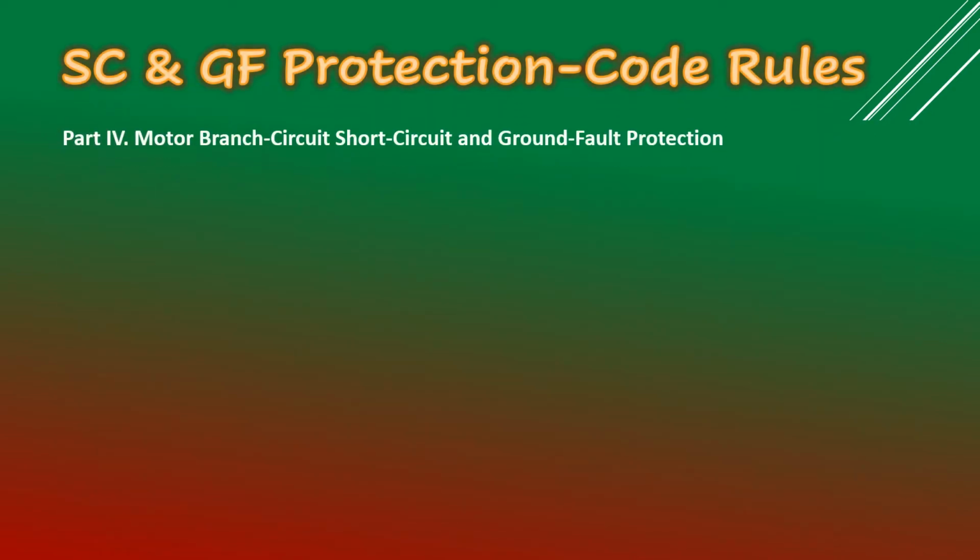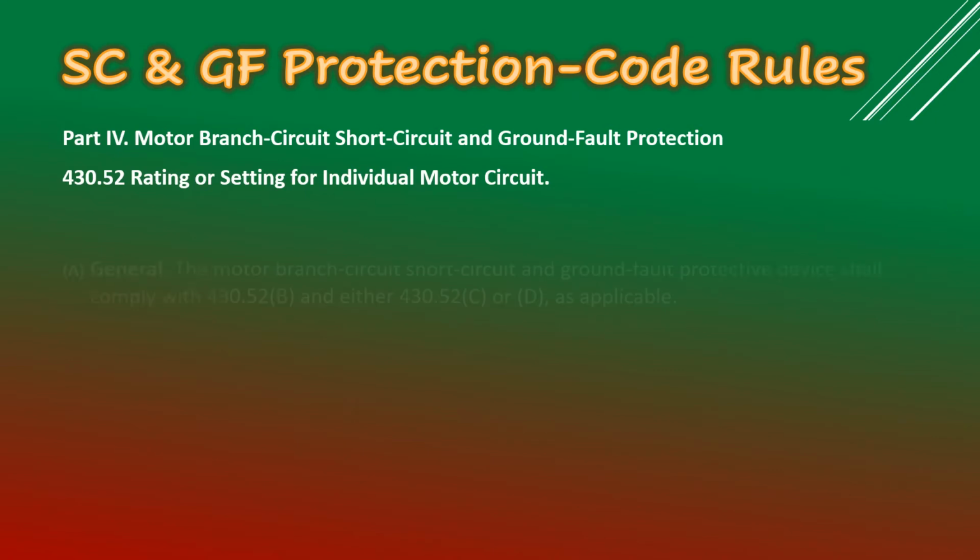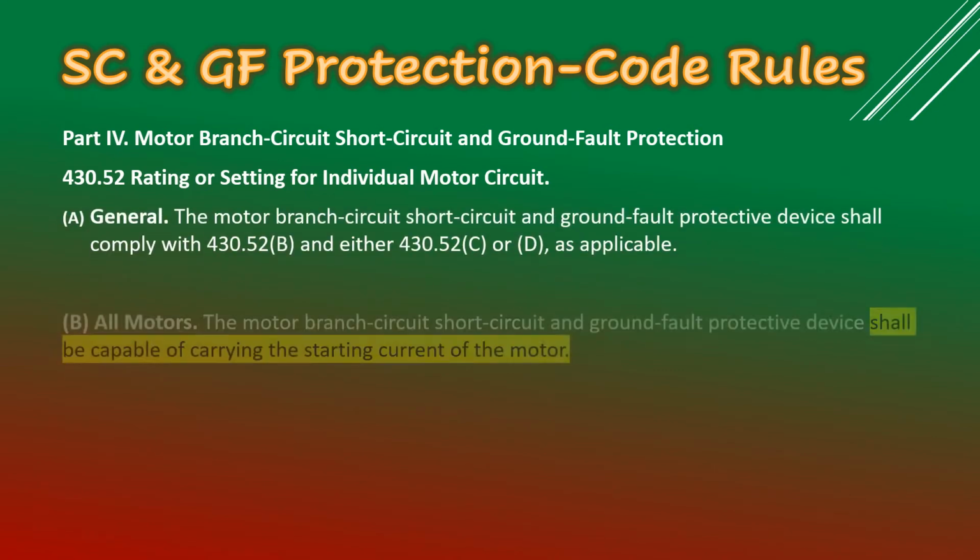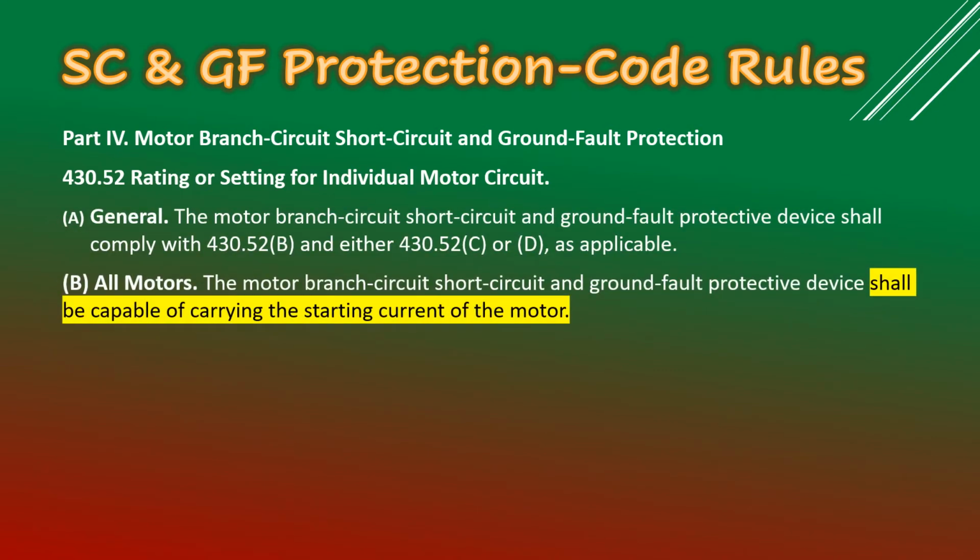So what is the code rule for sizing the short circuit and ground fault protection? For the motor branch circuit, short circuit and ground fault protection, rating or setting for individual motor circuit, B, all motors: the motor branch circuit short circuit and ground fault protective device shall be capable of carrying the starting current of the motor.